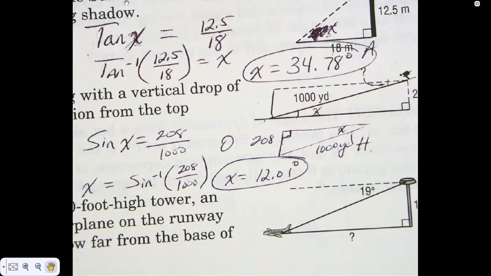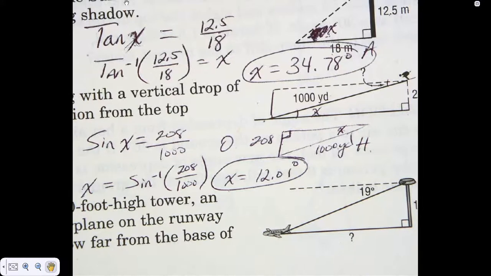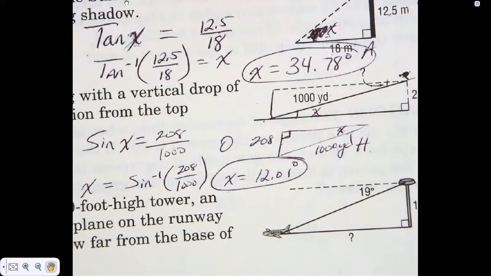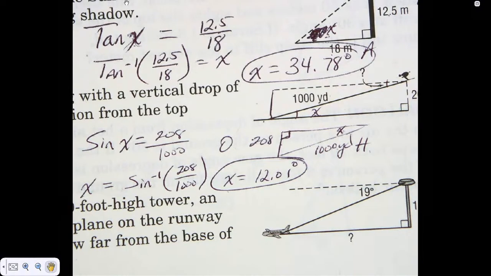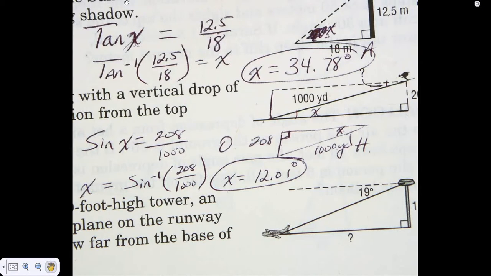Then you get a number, and once you have that number, press inverse sine, and it'll give you the answer. Go 208 divided by 1,000, then press equals. Then press the second function. Did you press the second function? Yeah. And then sine. I got it. Okay.